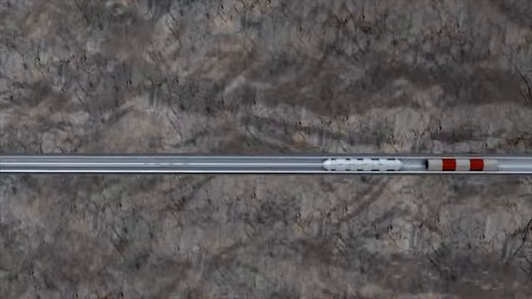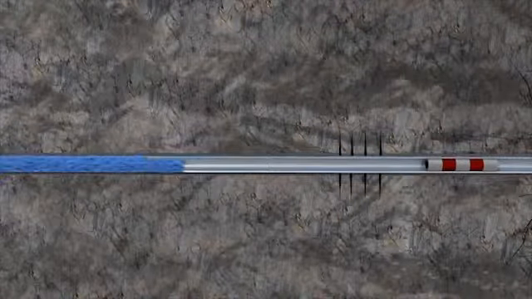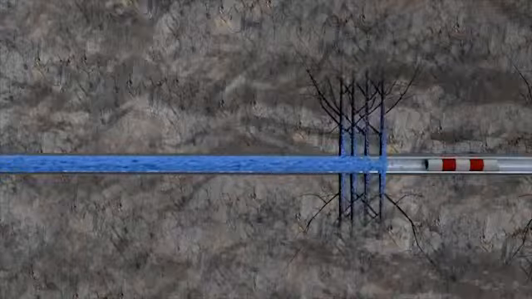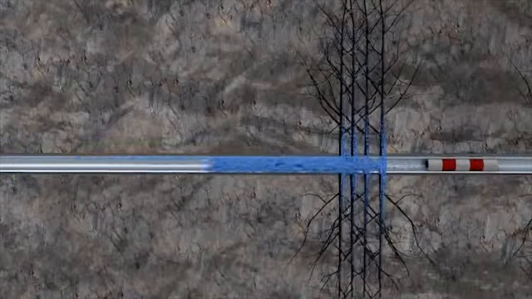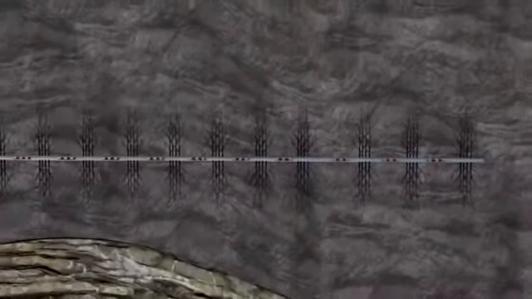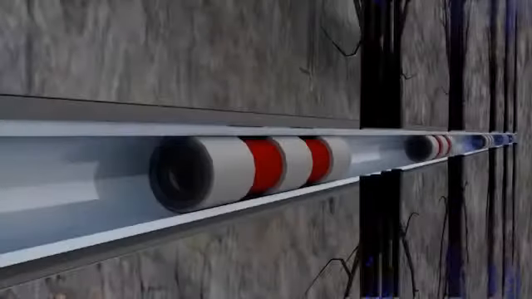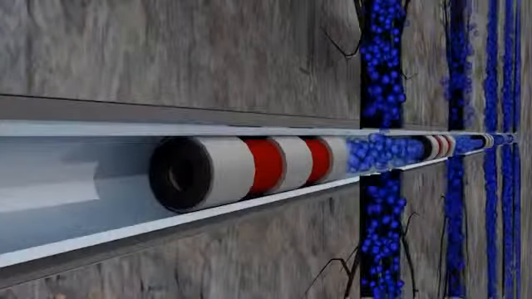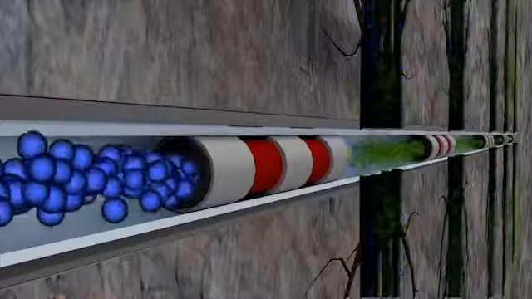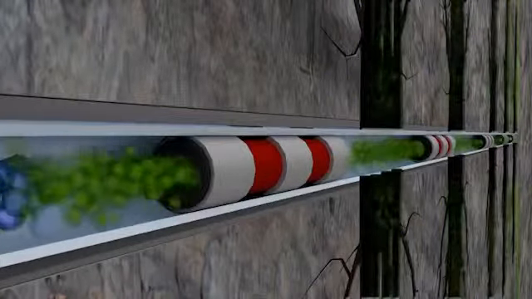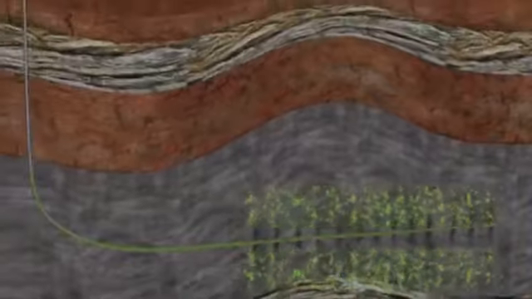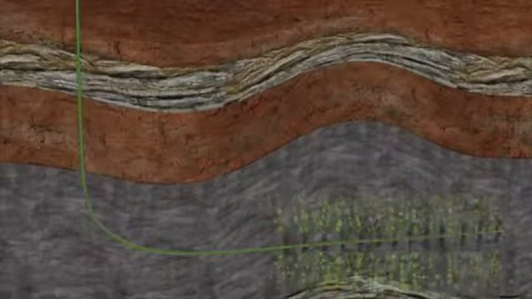This stage is then hydraulically fractured in the same manner. This process is repeated along the entire horizontal section of the well, which can extend several miles. Once the stimulation is complete, the isolation plugs are drilled out and production begins. Initially water and then natural gas or oil flows into the horizontal casing and up the wellbore.